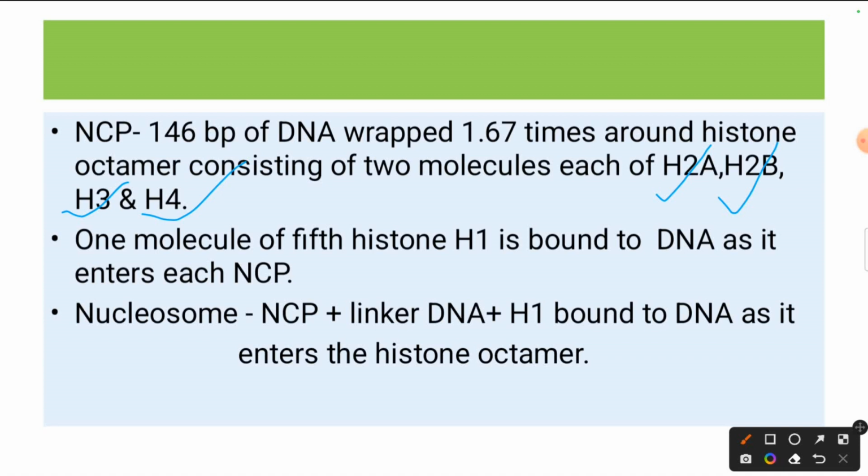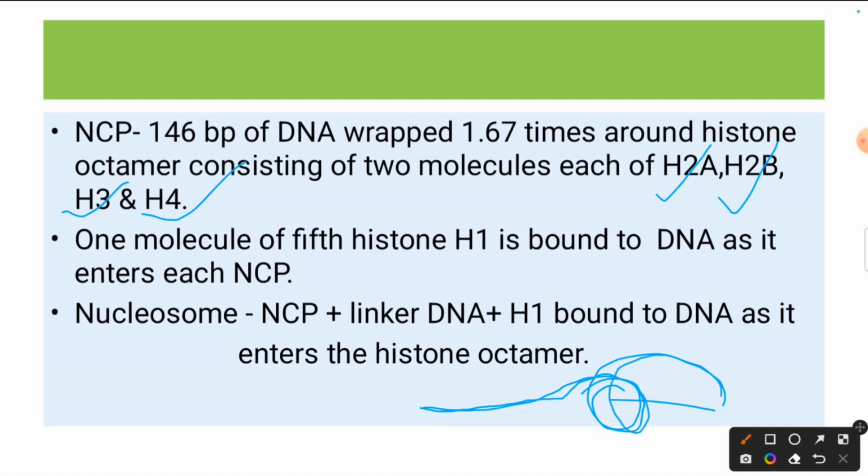Here the nucleosome core particle is found, where 8 histone proteins are present, 2 each from H2A, H2B, H3 and H4. These constitute the histone octamer, around which the DNA is wrapped 1.67 times.